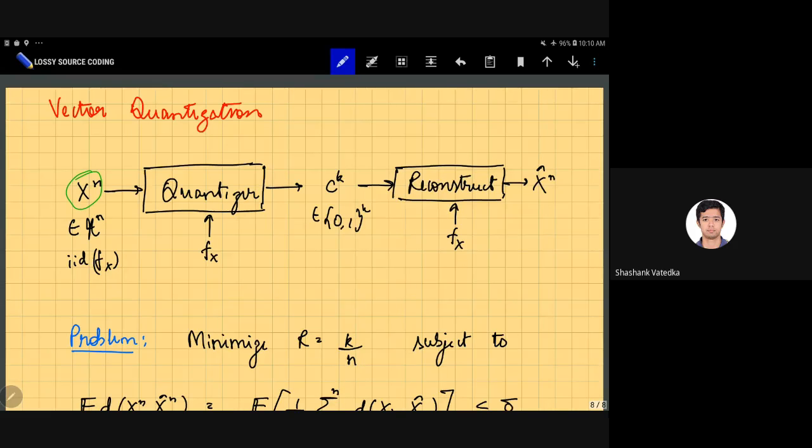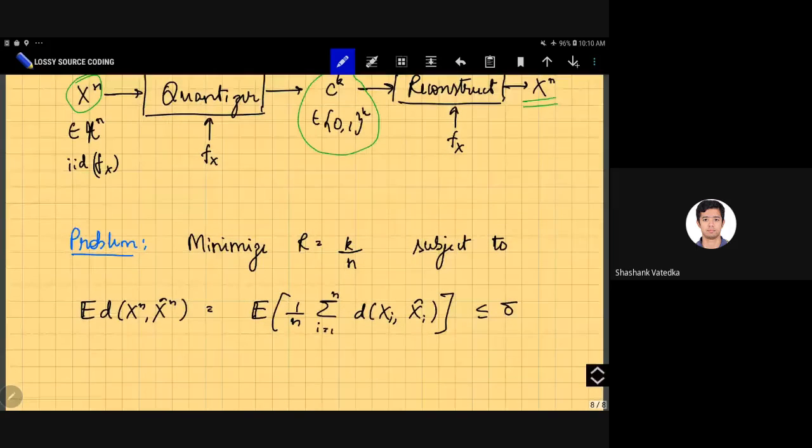So our goal is to construct the quantization and the reconstruction algorithm, which makes sure that the length of the compressed sequence is as small as possible. So C^k is the compressed sequence. It's a sequence of k bits.